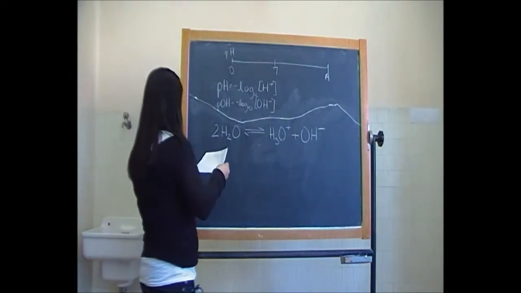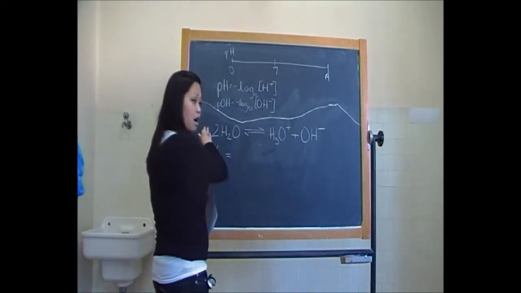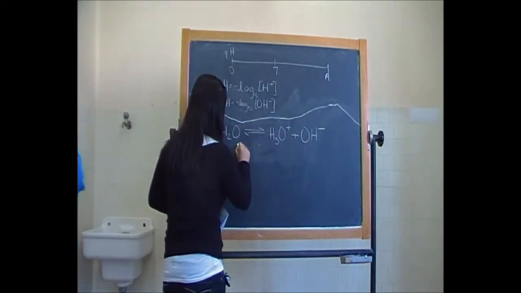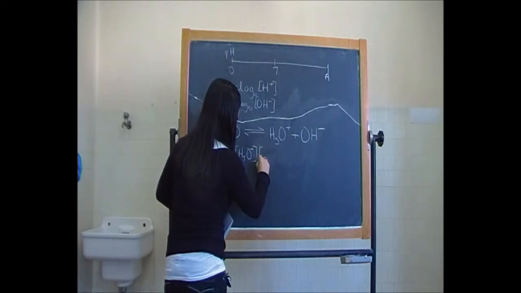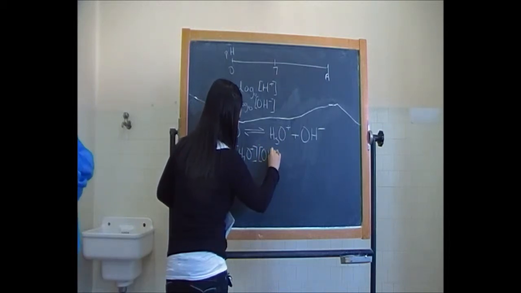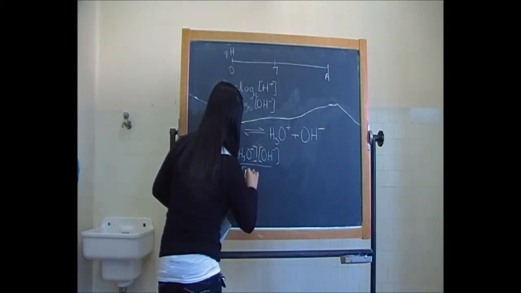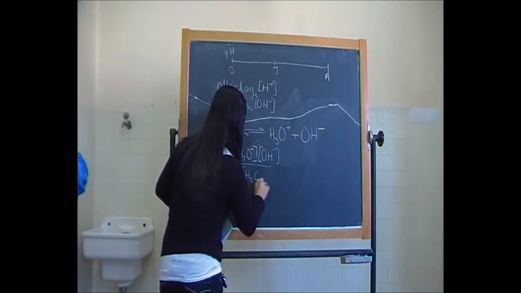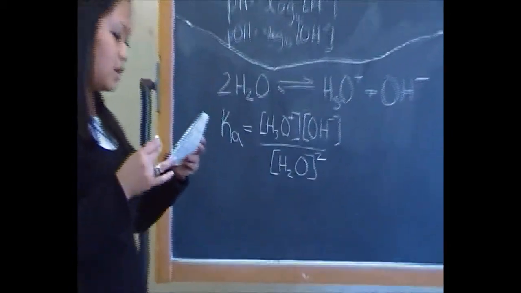The dissociation constant of this formula is the concentration of this ion times the concentration of this ion divided by the water concentration squared.